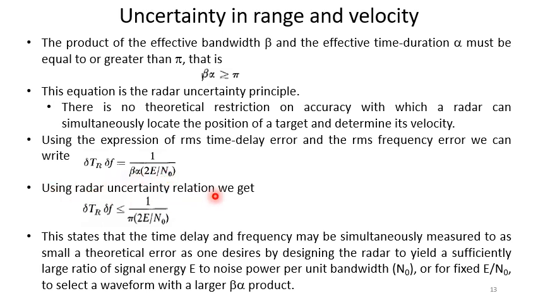Using the radar uncertainty relation, we can write delta TR delta F less than or equal to 1 by pi into 2E by N0. So this states that the time delay and frequency may be simultaneously measured to as small a theoretical error as one desires by designing the radar to yield a sufficiently large ratio of signal energy E to noise power per unit bandwidth N0, or for fixed E by N0 to select a waveform with a larger beta alpha product.